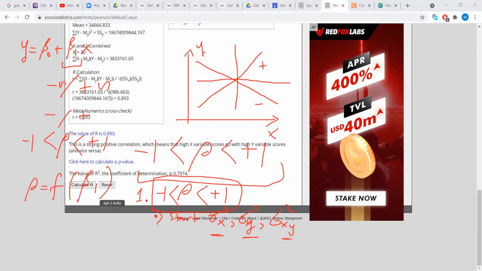How is the function? Number two, please find the function of b1 equal to the correlation, something like that.